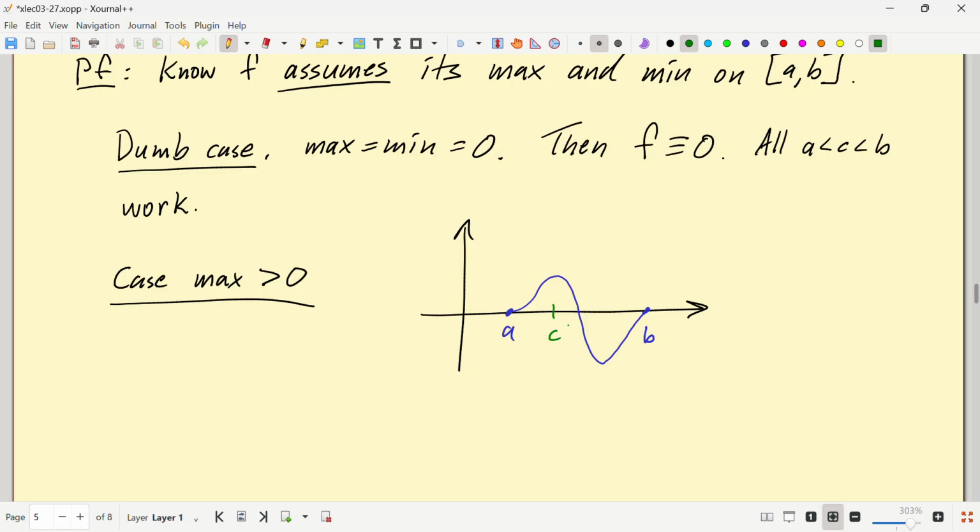And with the little easy fact I said above, we know the derivative at a max has to be 0. So that's the max. And so the derivative at that max has to be 0. It's a local max, it's a global max, in fact. Okay.